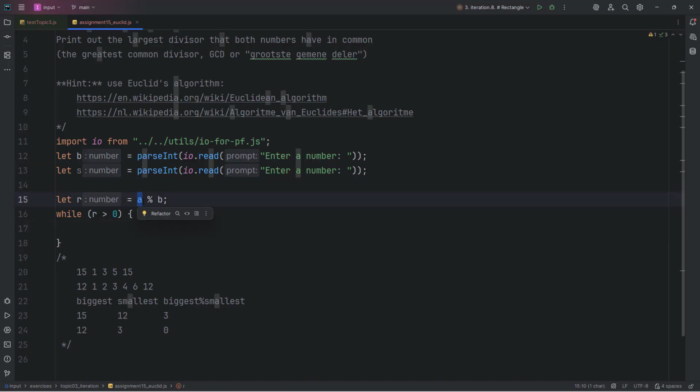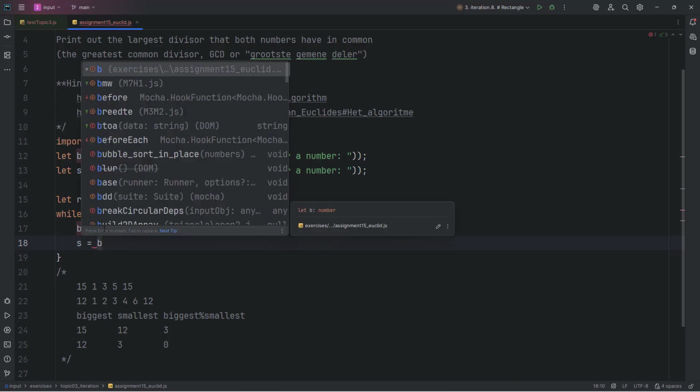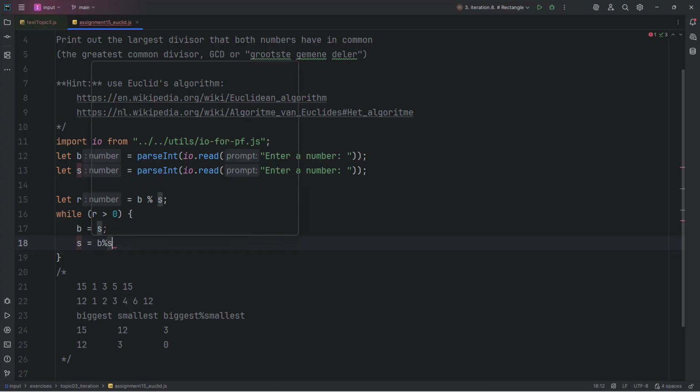So divide the biggest by the smallest, calculate the remainder. So now I can safely shift the smallest to the biggest. And then the smallest becomes, again, the calculation of the remainder of smallest versus biggest. And that's it.